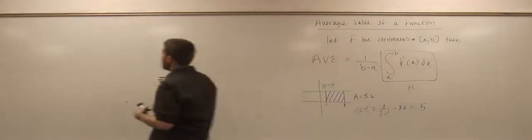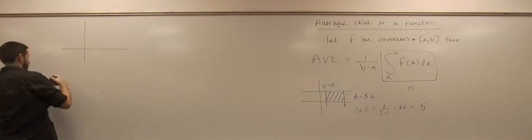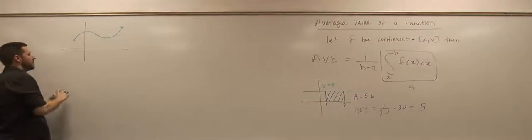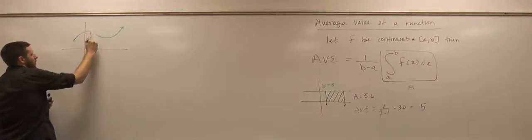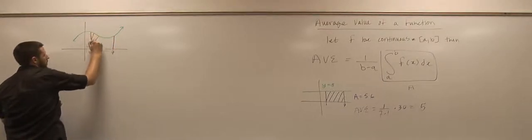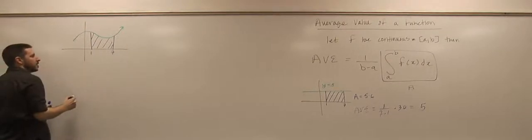It's a little more telling if you have a function that changes. You have this guy here, and you want the average value from 1 to 7. Then you'll take the area and divide by 7 minus 1.